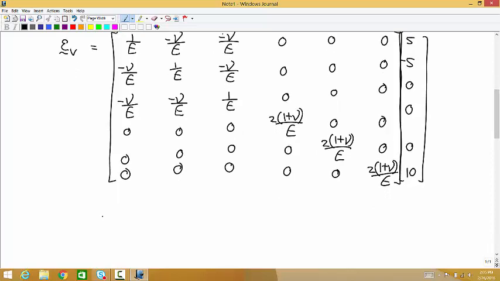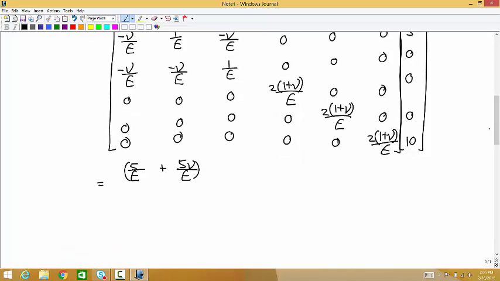And so if you do this multiplication, you get 5 over E plus 5 times nu over E for the x element of the strain.